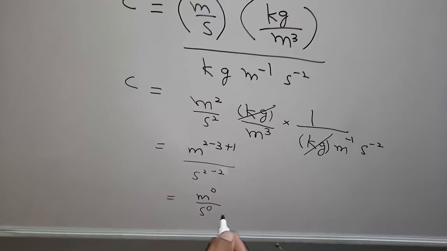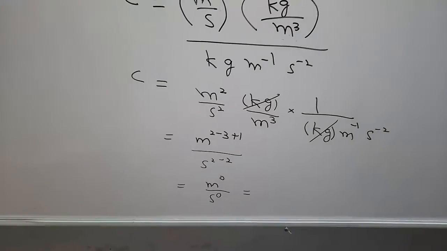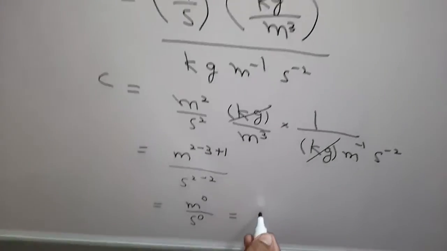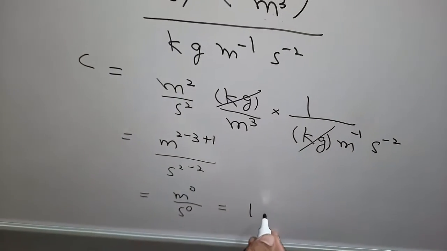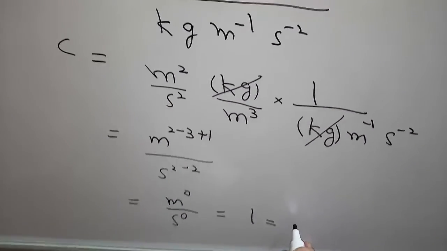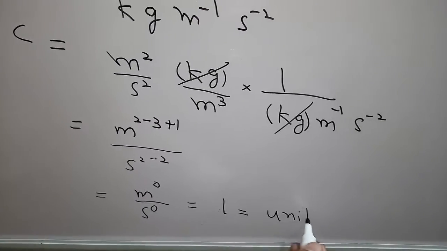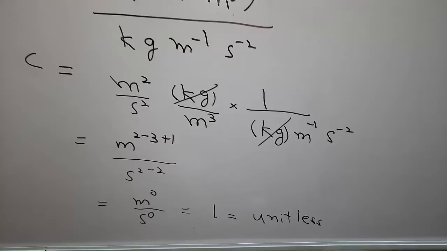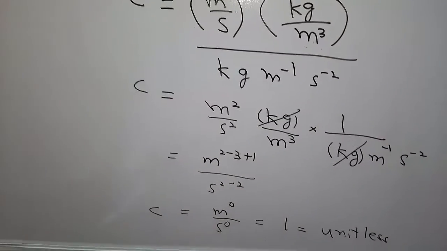Power is 0, m power 0, and similarly s power 0 since we have 2 minus 2. Whenever we have a constant with power 0, it becomes 1. So 1 over 1 is basically 1, but it does not have any unit. So it is proved that there is no SI base unit for the C. So it is unitless. It is proved.